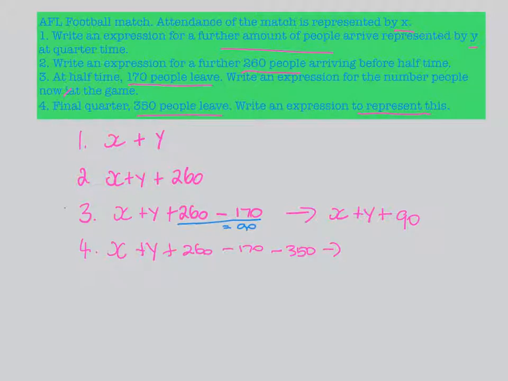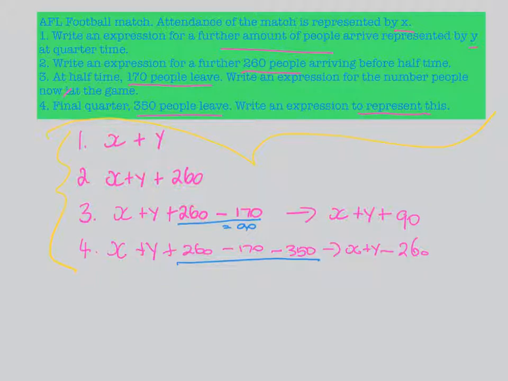Or we could write it as X plus Y. Now, if we are going to calculate all of this, we would end up with a negative number, so it would be take 260. So now you can see how we've converted all of these word problems or questions into mathematical expressions.